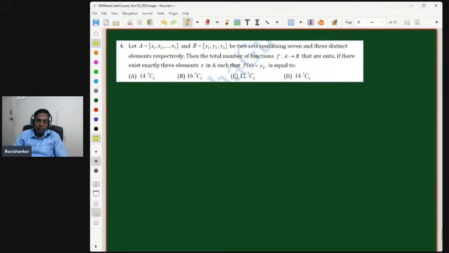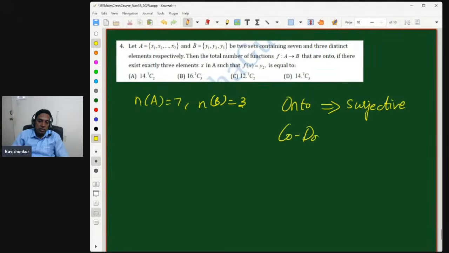Okay, quite a few people have got it, so let me proceed with the solution for question 4. So here, the first thing is we want onto function. So n of A is 7, n of B is 3. Onto means surjective functions. That means codomain equals set B. Function is from A to B.